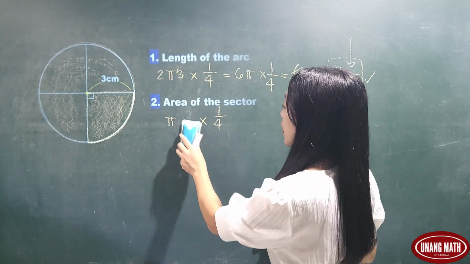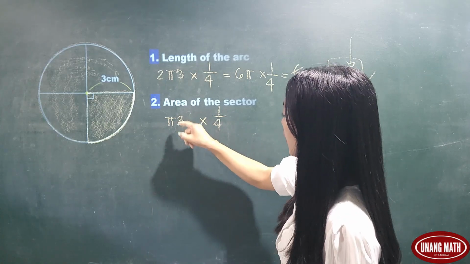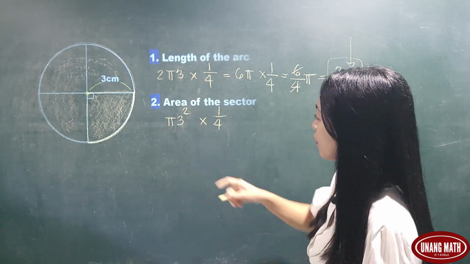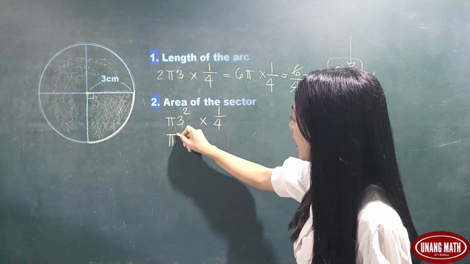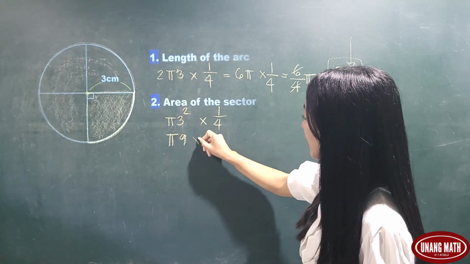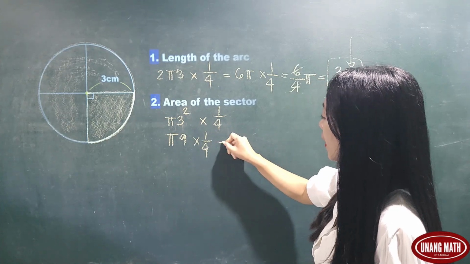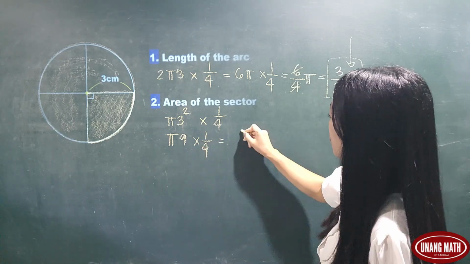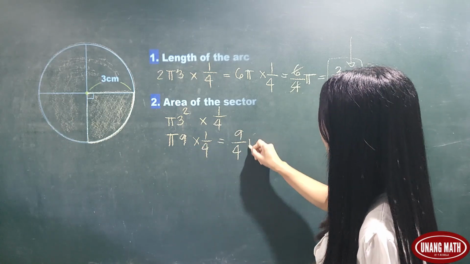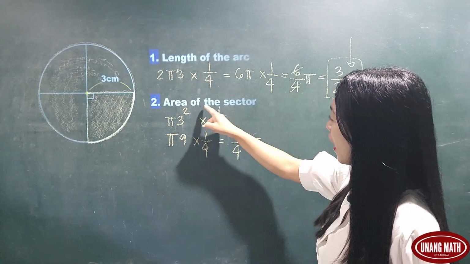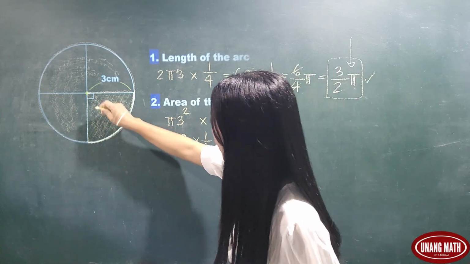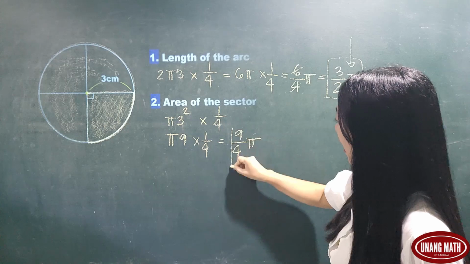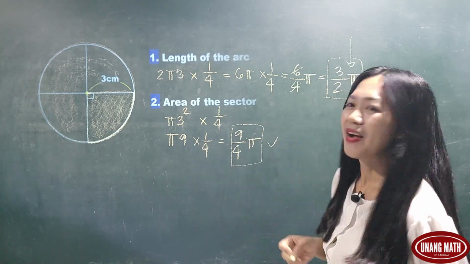Radius is 3, so this is 3 raised to the power of 2. We have pi. This is 9 times 1 over 4. So now this is equal to 9 over 4 pi. So the area of this sector is 9 over 4 pi.